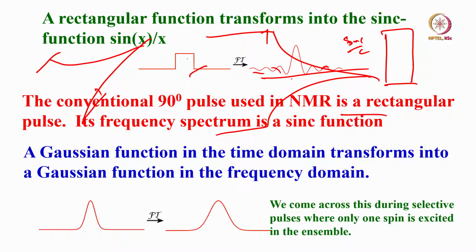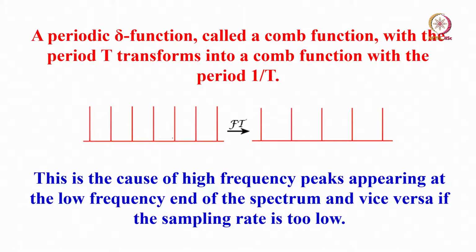And a Gaussian function in the time domain, as I already showed you, transforms into a Gaussian. Of course, this is what we call a comb function, repeating itself at different intervals, and its Fourier transformation is a comb function like this, with a period equal to 1 over t.